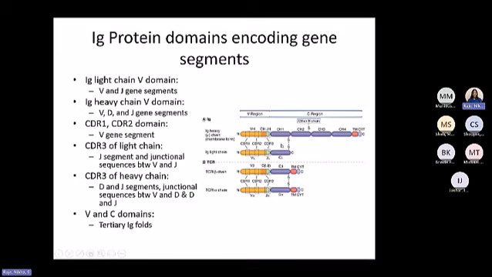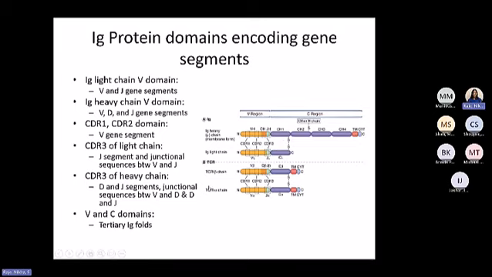For the light chain, it's going to be the variable segment coming in contact with the J segment and associating itself with one constant chain. In terms of the heavy chain, there is a V region, D region, and J region. So V, D, and J segments come together and then associate themselves with constant regions, and there are 3 or 4 constant segments attached on the heavy chain. So that's for the B cells.